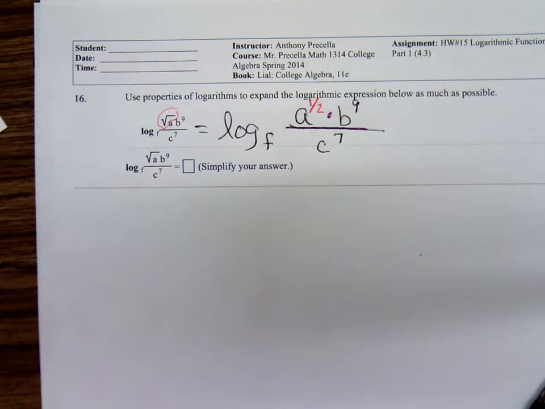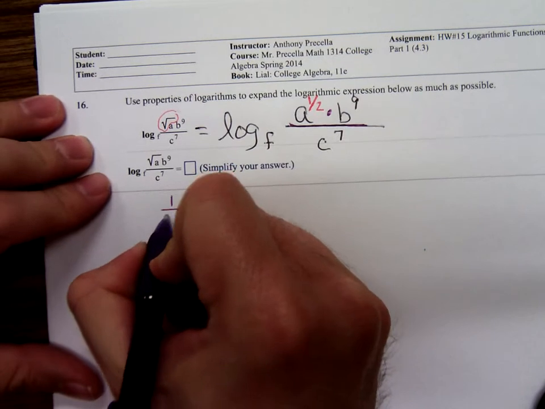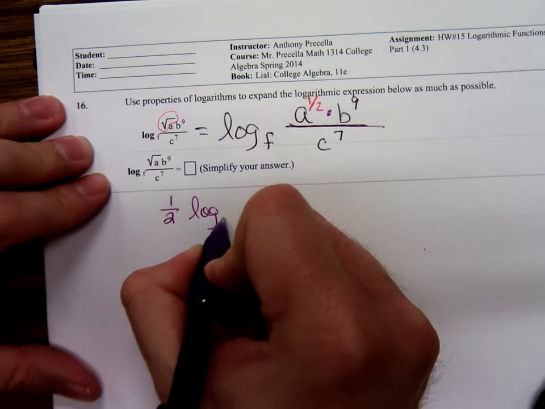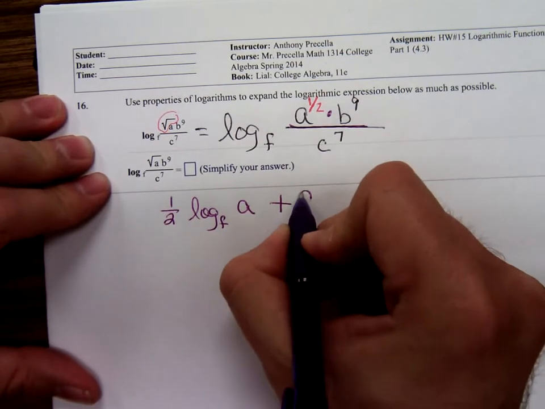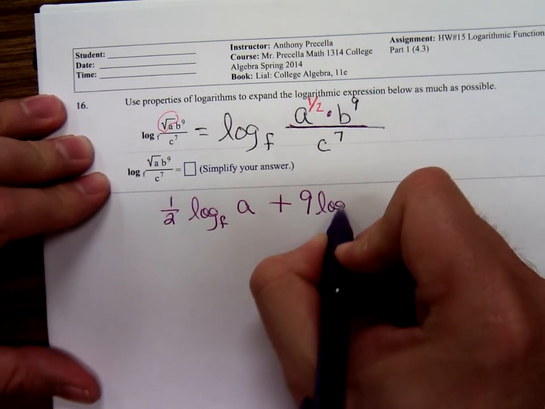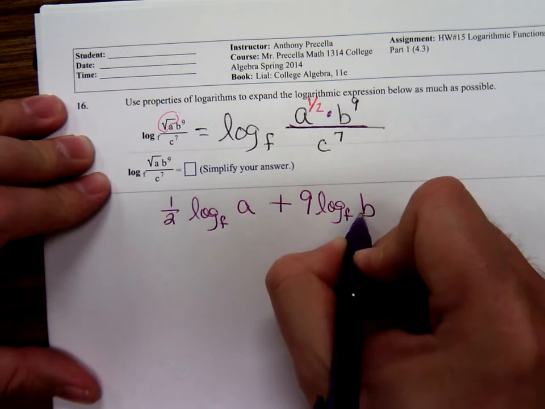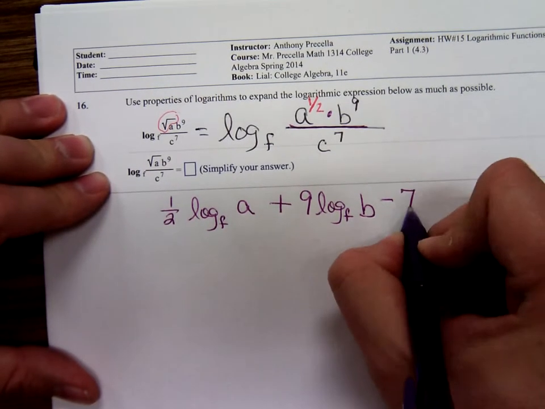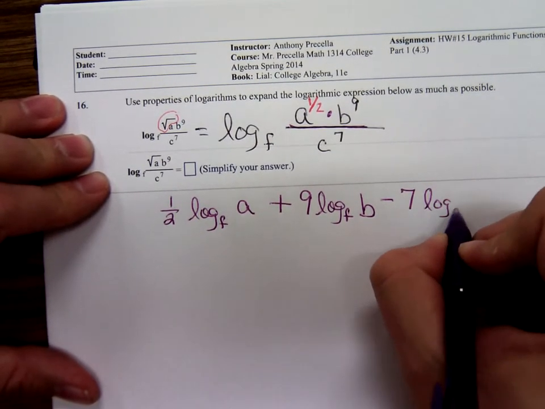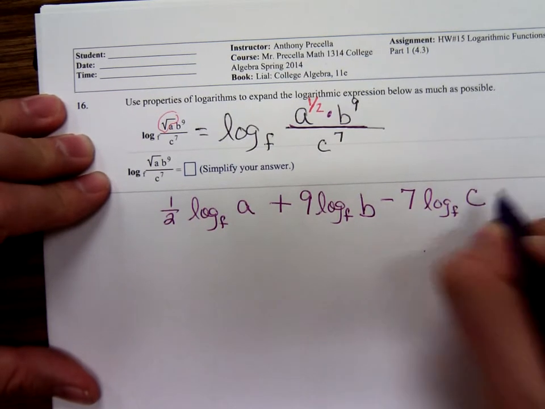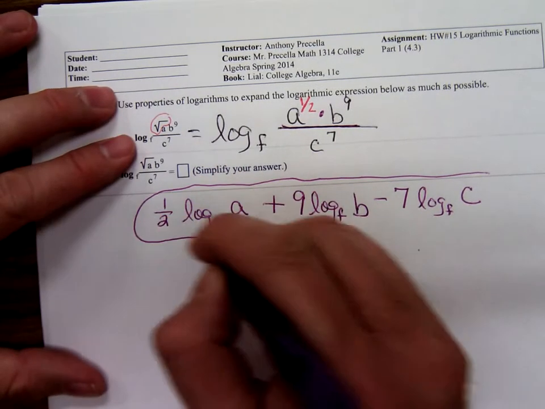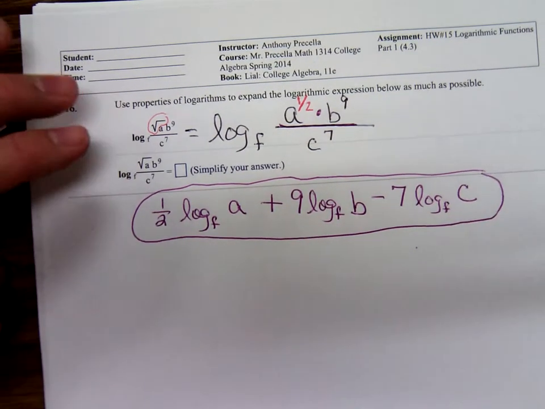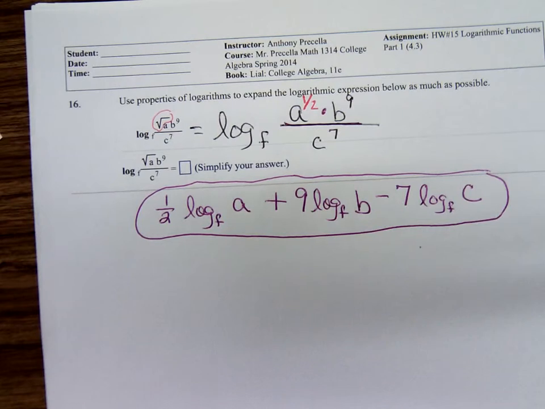So I'm just going to write it out. 1/2 log base F of A plus 9 log base F of B minus 7 log base F of C. Pretty easy to do, but you've got to type it in. So that's the more challenging part.